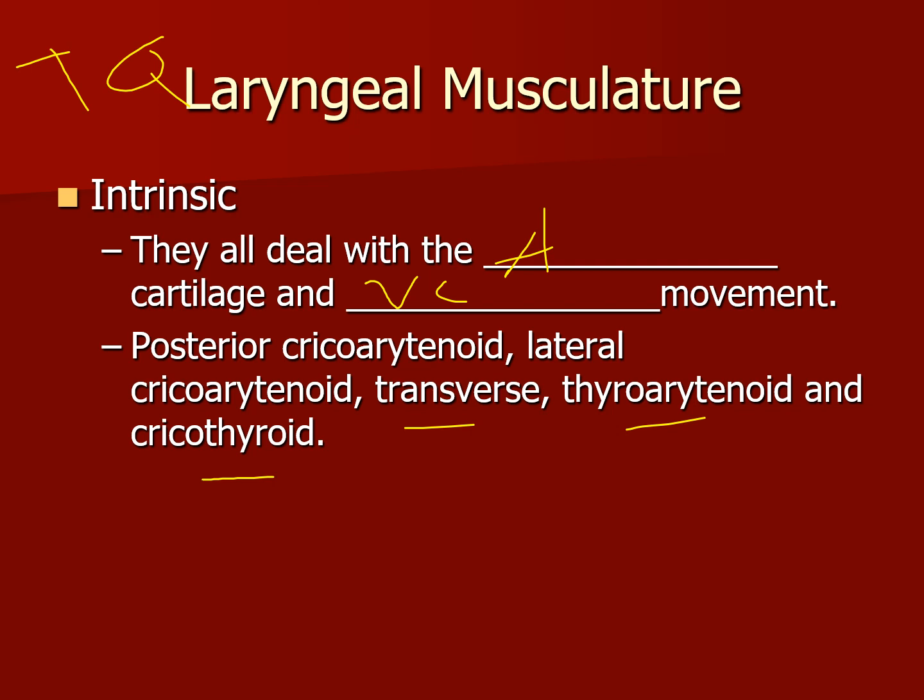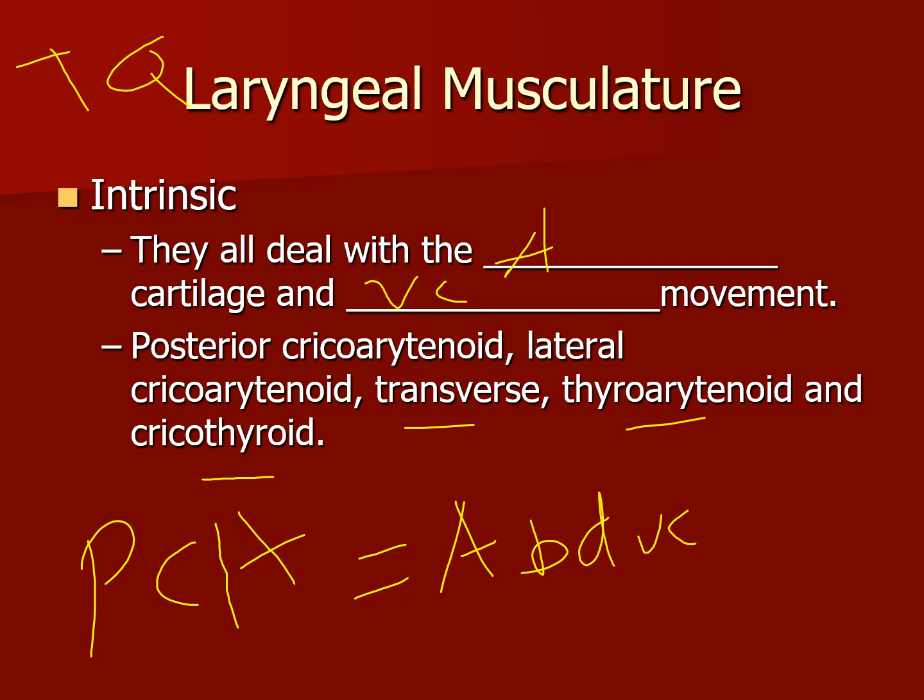It's posterior and it pulls down. And it causes the vocal cords to abduct. That causes them to open. So your posterior cricoarytenoids equals abduction.